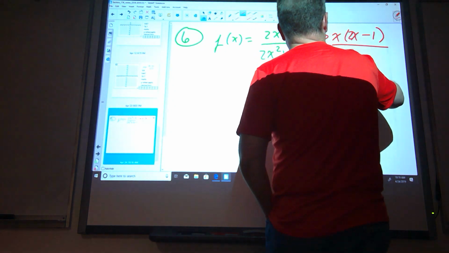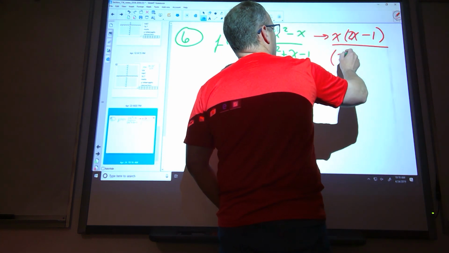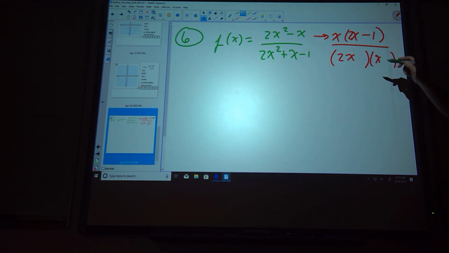And then the denominator, I'd say, is going to be 2x and x, minus 4, plus 1. Minus 1, plus 1. Does that look like it's factored about right? So we have a shared binomial on top and bottom, agreed?